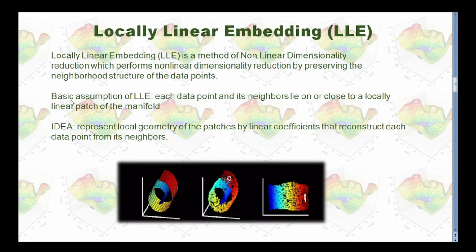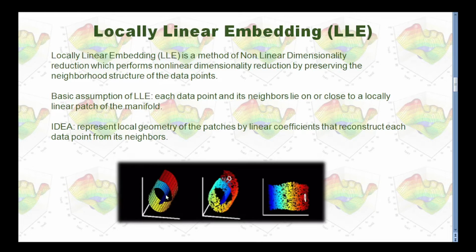The basic assumption of LLE is that each data point and its neighbors lie on or close to a locally linear patch of the manifold. The general idea is to represent the local geometry of the patches by linear coefficients that reconstruct each data point from its neighbors.